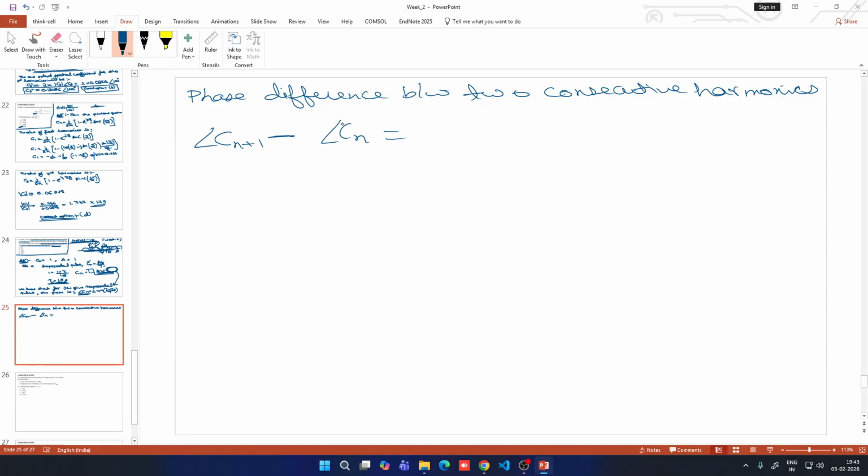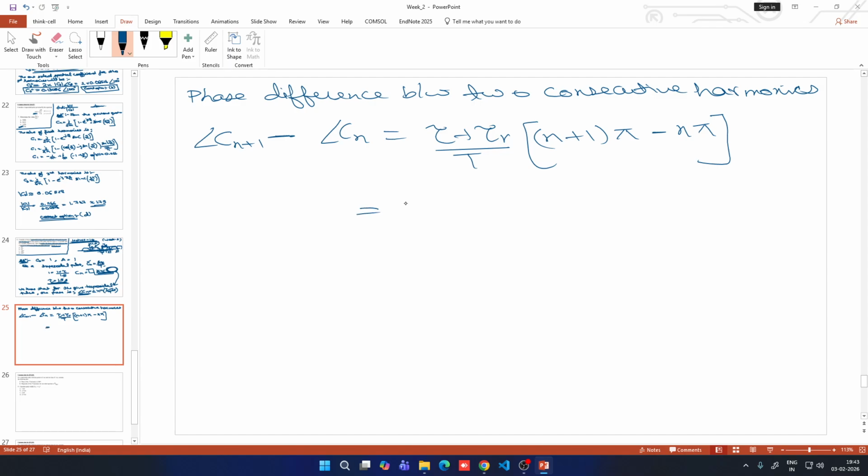We already know the formula for Cn, and for Cn plus 1 it will be (tau plus tau r) divided by T into (n plus 1) pi minus n pi. So this is the formula for the phase difference between two consecutive harmonics for a given trapezoidal pulse.